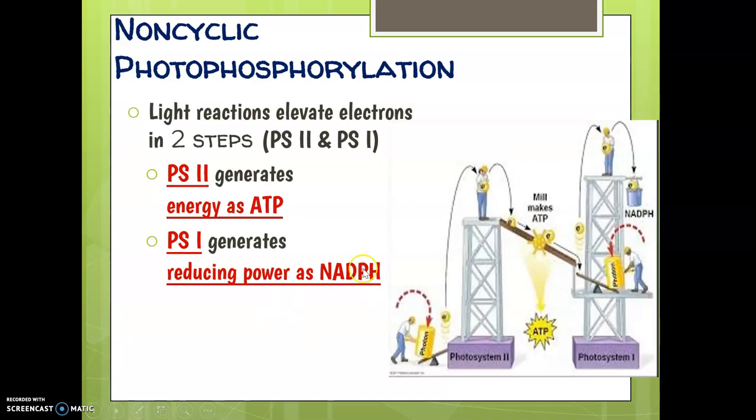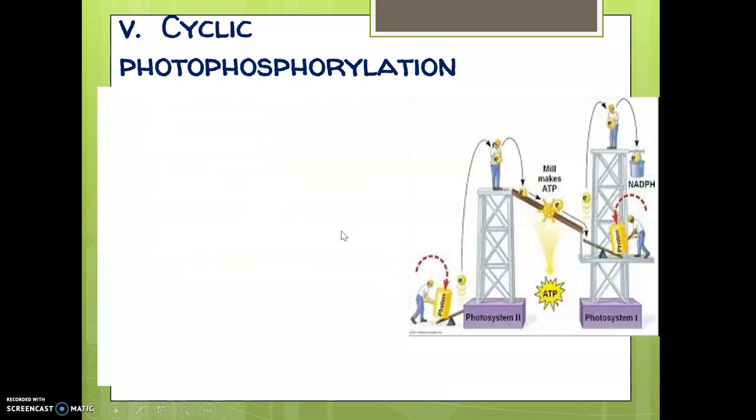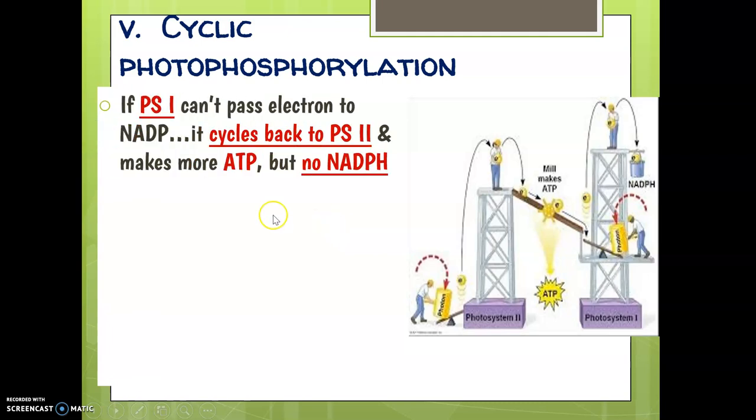Okay, sorry, that is non-cyclic photophosphorylation. But then we have cyclic photophosphorylation, in which if PS1 can't pass the electron to NADP, it's going to cycle back to PS2 to make more ATP, but no NADPH.